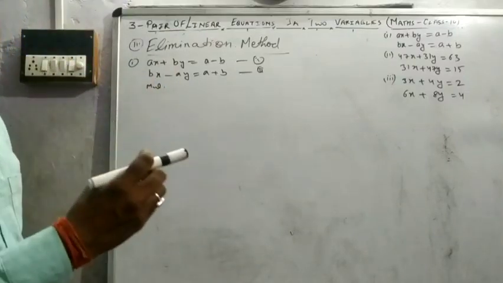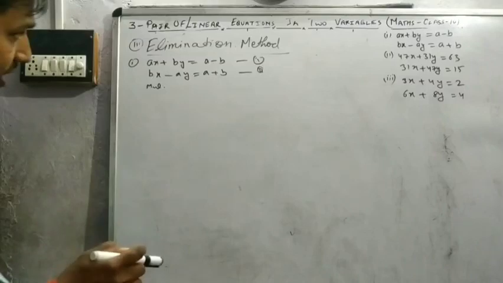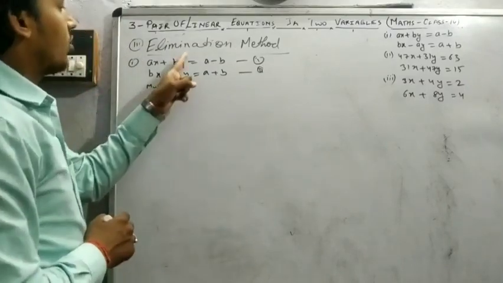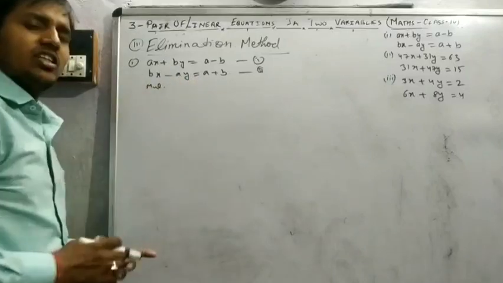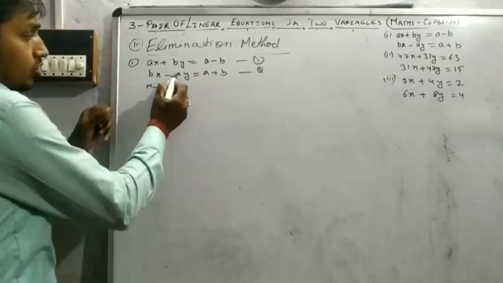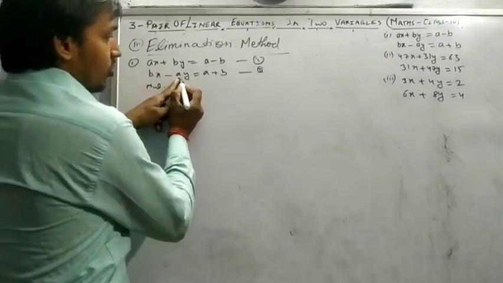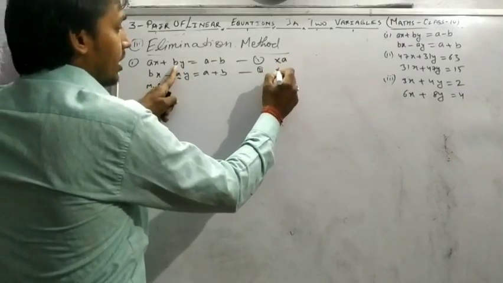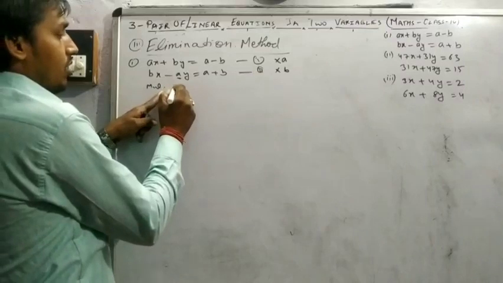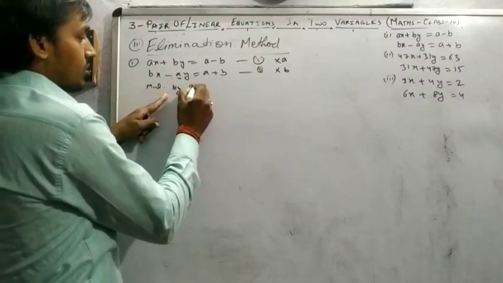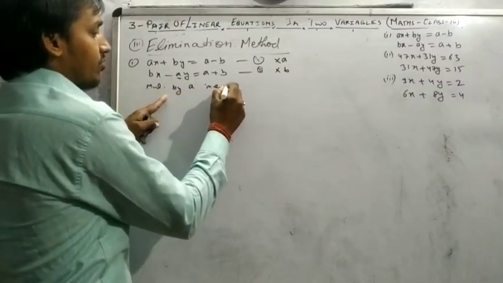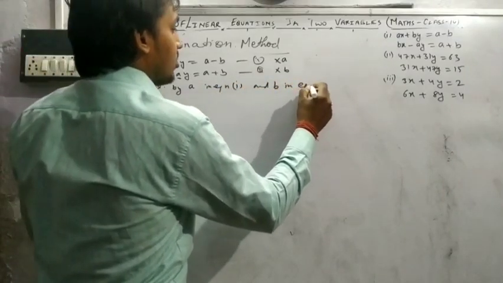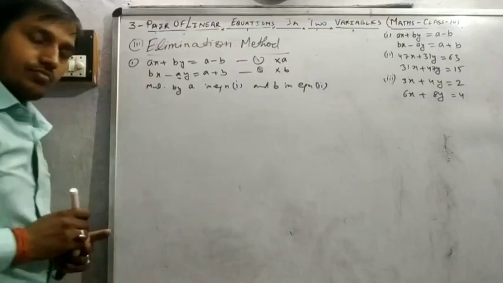So in a simple way, always multiply by interchanging the coefficients. We want to equalize them. Why? Because it's opposite sign, so directly cut down. So a from the second equation multiplies the first, b from the first equation multiplies the second. So we multiply by a in equation first and b in equation second.